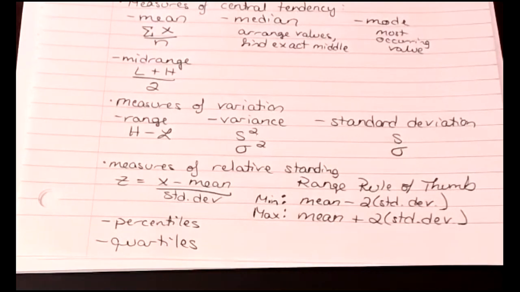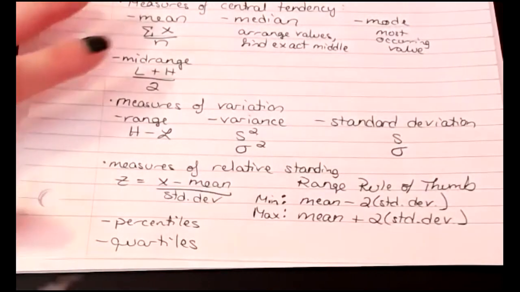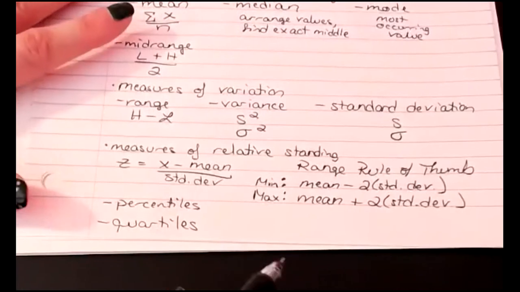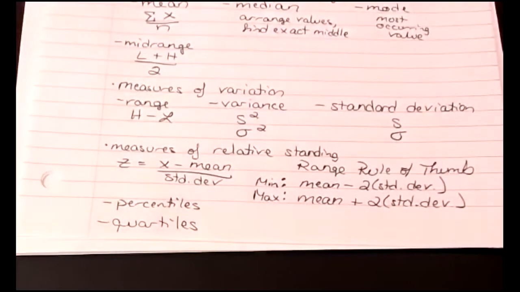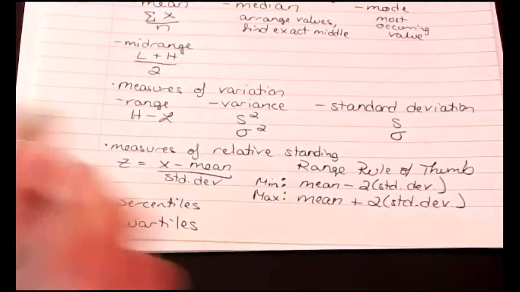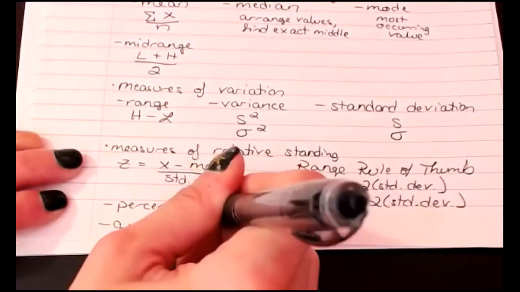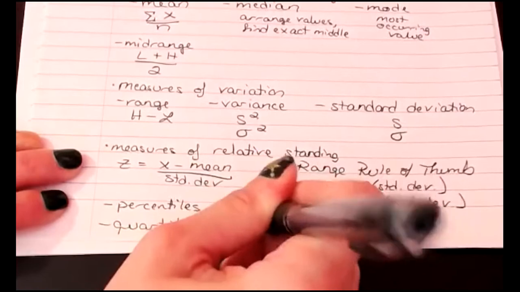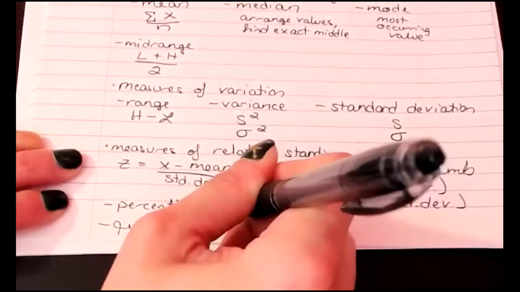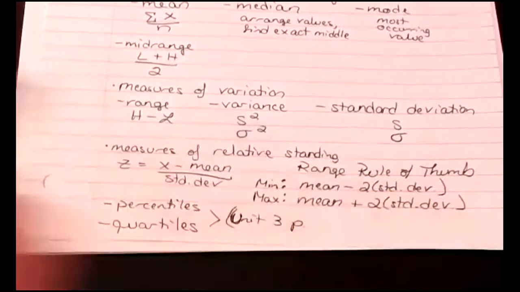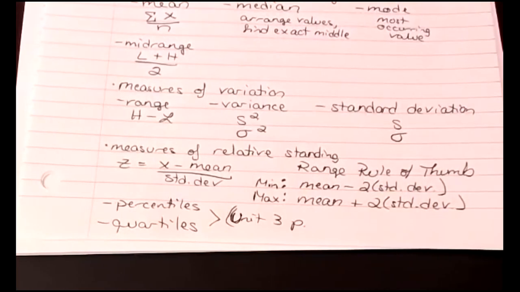Remember, for the quartiles, you are going to divide your data set into 4 equal parts. You start off by arranging all of your values. And I'm going to just note what page this is from. So this is your unit 3. These are unit 3 notes. Page 16.